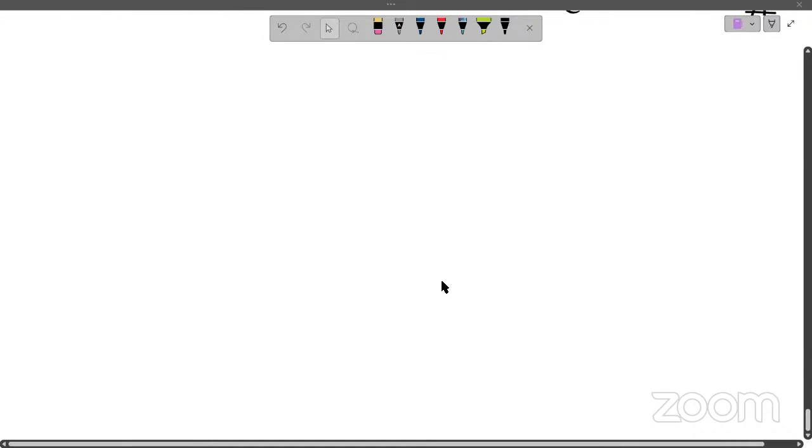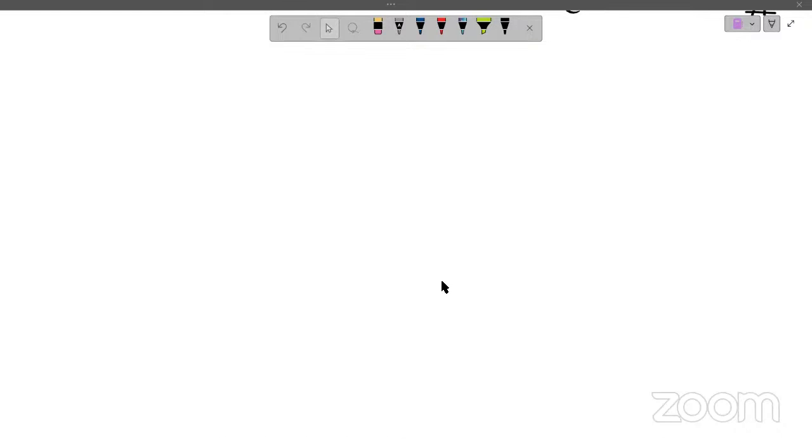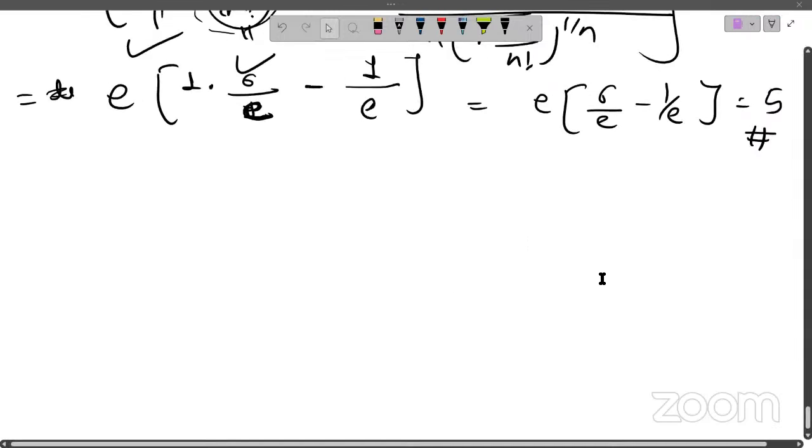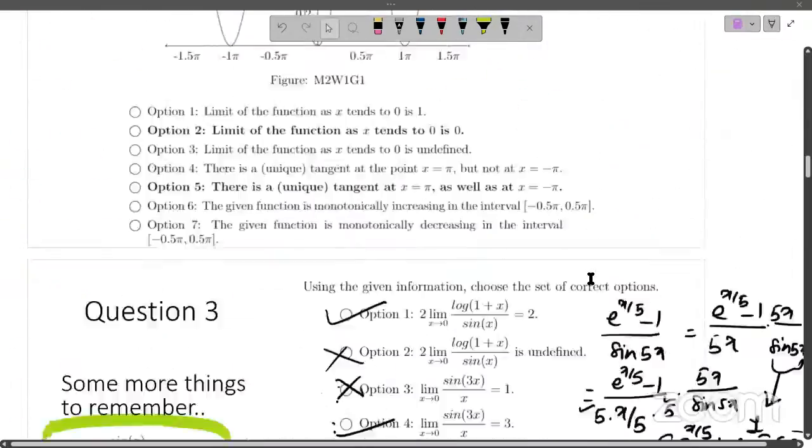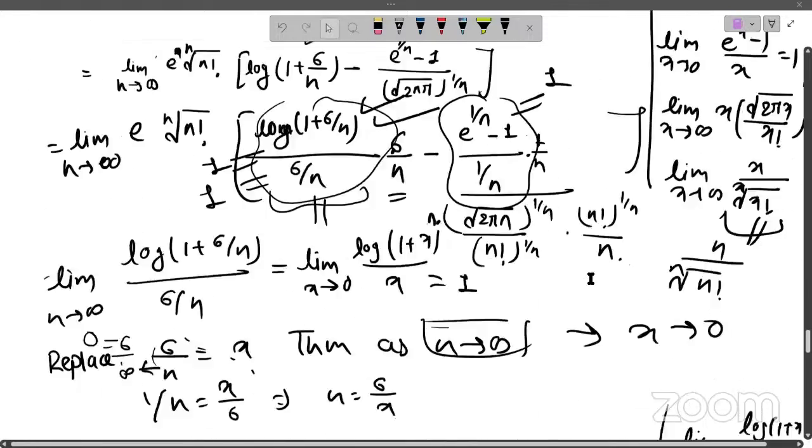Anyone want to discuss some other questions? This PDF, which PDF? This PDF I will upload in the chat box at the end of the class.